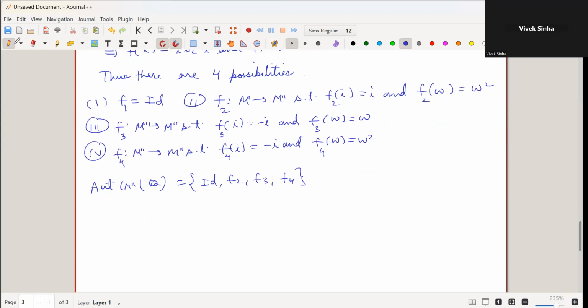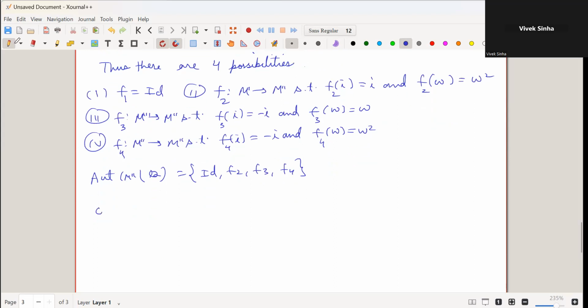So observe that F2 square is identity, because we are sending iota to iota again. Omega is being mapped to omega square. Then again, if you apply it, it will map omega square to its square.